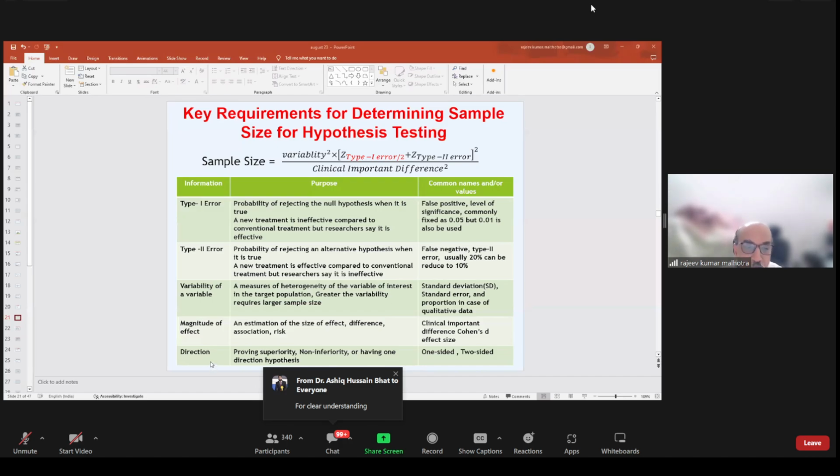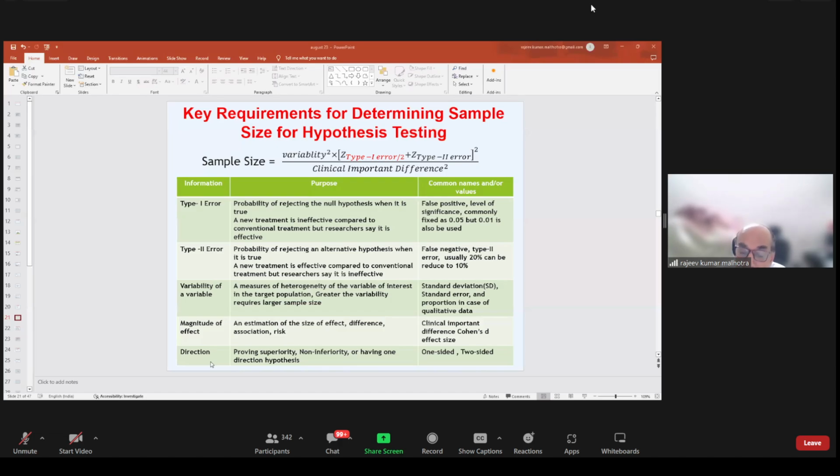Another thing is the direction. Direction means whether you are doing a comparative study, a superiority study, or a non-inferiority study. In that case, direction is a must. There are two types of direction, one-sided and two-sided. In a comparative study, where we don't know whether we will get the benefit or not, we go for the two-sided study.